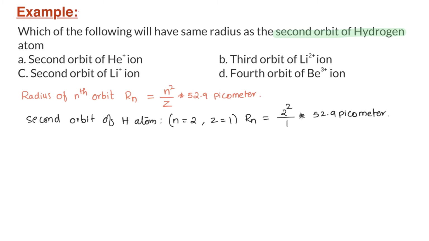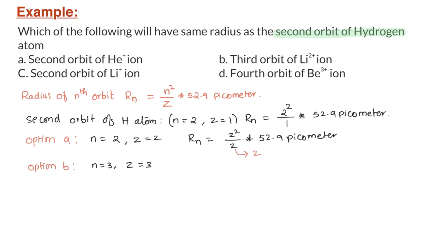For the first option, the second orbit of He+ ion, the n value is 2 and the Z value is also 2. If we calculate the multiple, you would end up getting 2 squared over 2, which comes out to be 2. For the third orbit of Li2+, n is equal to 3 and Z is equal to 3. The multiple comes out to be 3.